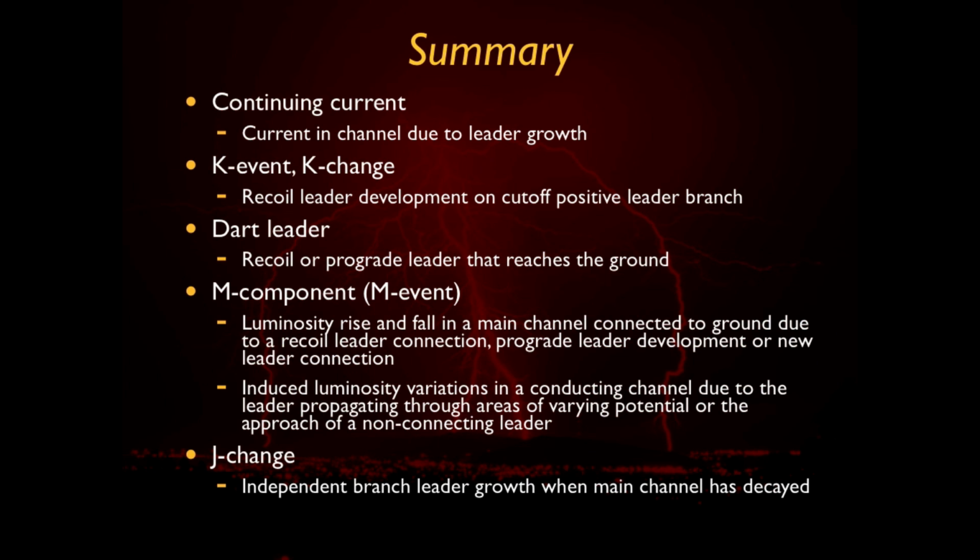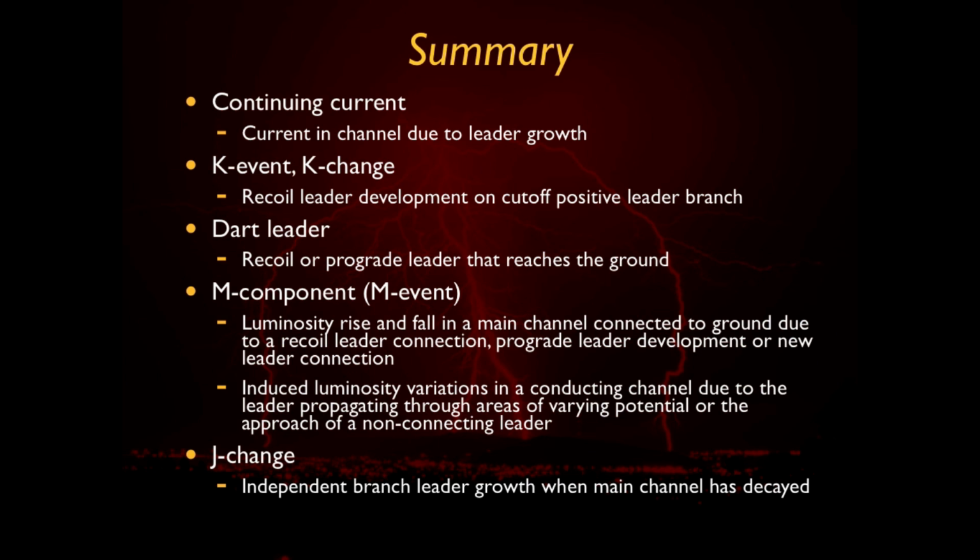As we showed in the video, we can get new leaders that form near positive leader channels and make a connection to that channel, forming a new branch. If the main channel to which it connects is bright and luminous, then it would cause a slower luminosity front associated with that connection, and therefore an M component luminosity change.